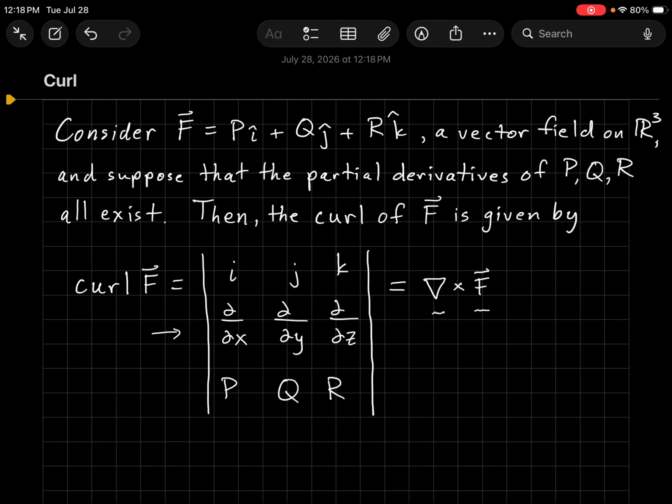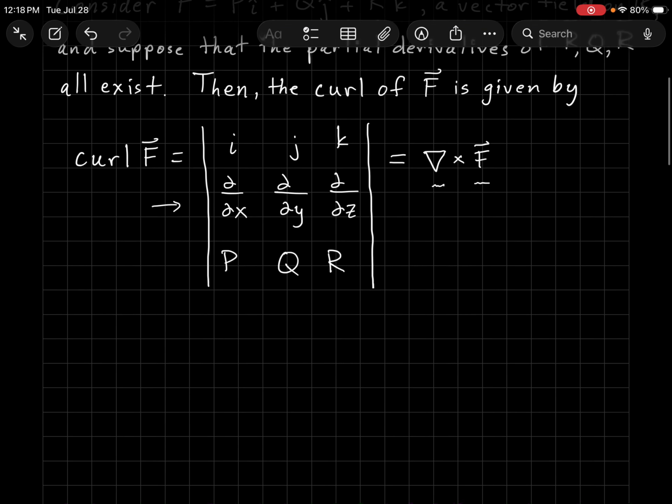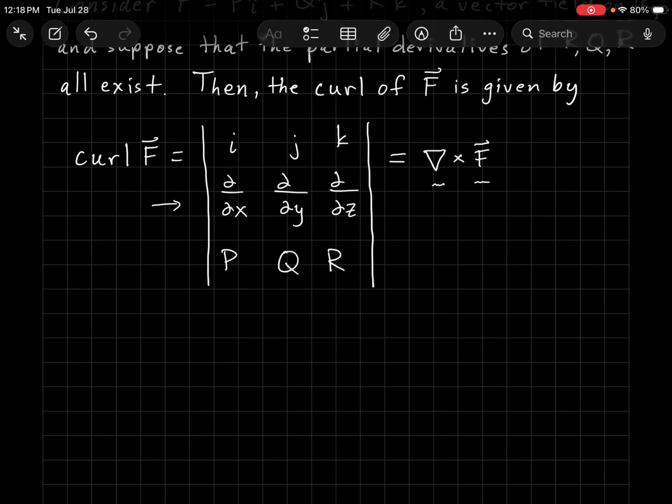Well, the del operator is like a gradient operator. So let's find the cross product of this.